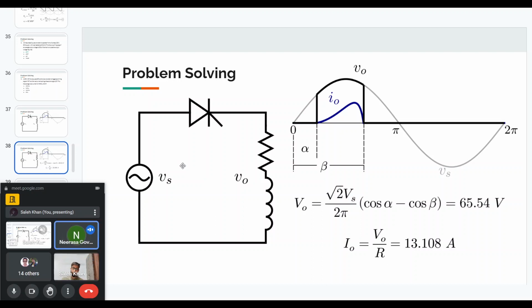A full wave will be the current will increase during the positive portion, and then if it is an RL load, it will continue and then it will extinguish at some point.